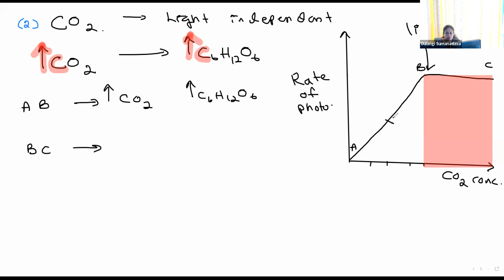So if I say somewhere here, the limiting factor is we don't have the maximum amount of carbon dioxide. This is the maximum, right? So if you go below the maximum, carbon dioxide is the limiting factor. But beyond the maximum carbon dioxide, there are other limiting factors, right? It could be light intensity.